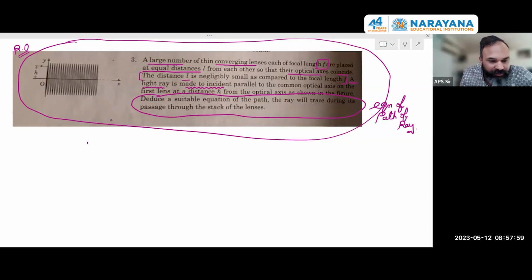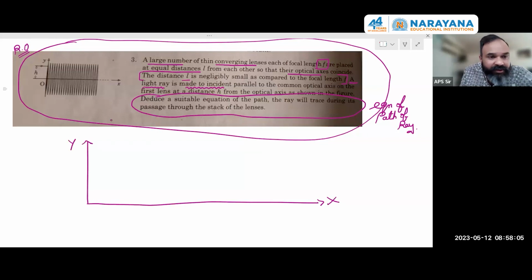My concept is, if this is my x-axis, y-axis, I want to analyze this ray at a general point. So I want to take a general point on the path of the ray, and let's say that point is x, y. While that ray is passing from that general point, I don't know the curve.